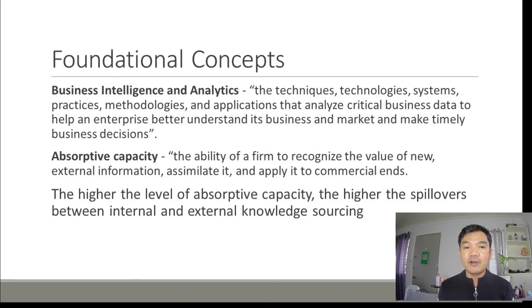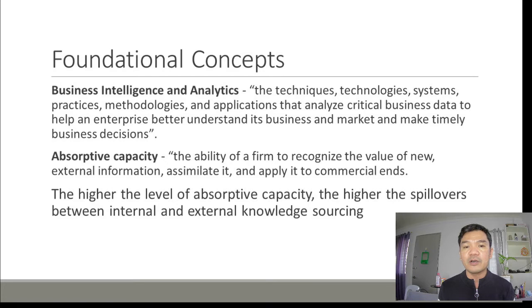Although here absorptive capacity is considered as external, this is the mix of external knowledge. So we are not only dependent on the knowledge within the organization, but there's always a mix of information for the purpose of decision making or improving processes, the internal and external knowledge. And we have the spillovers.